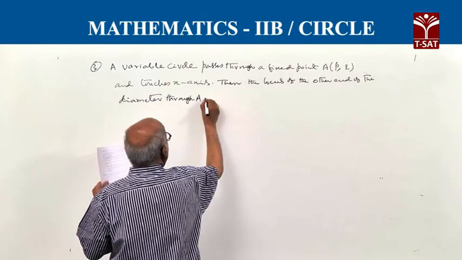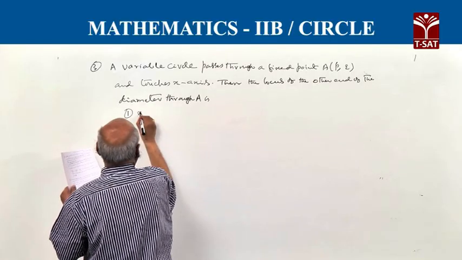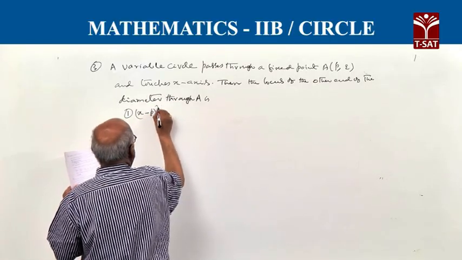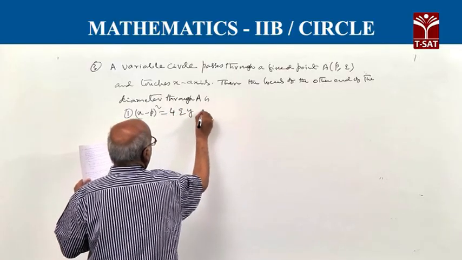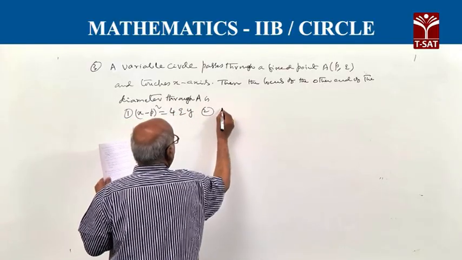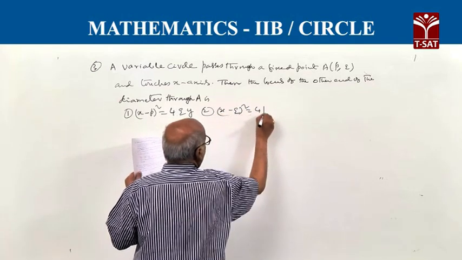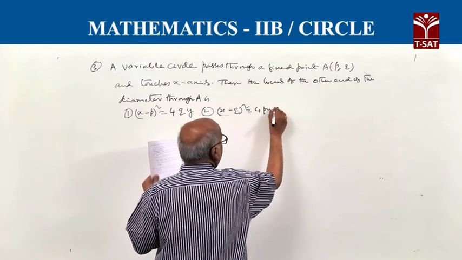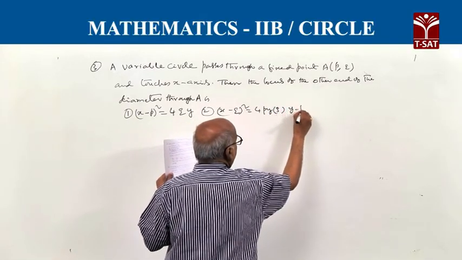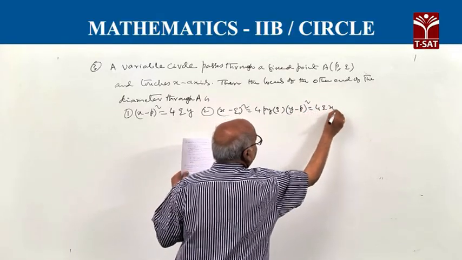1, (x minus p) whole square is equal to 4qy. Number 2, (x minus q) whole square is equal to 4py. 3, (y minus p) whole square is equal to 4qx.